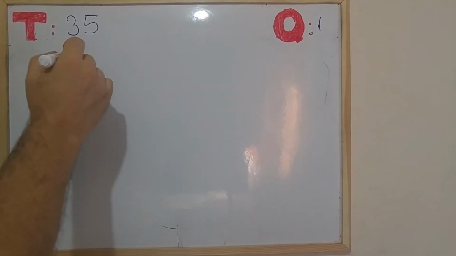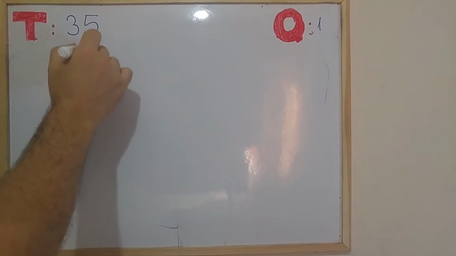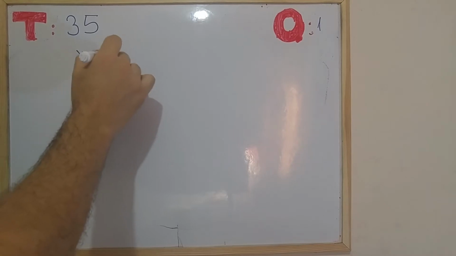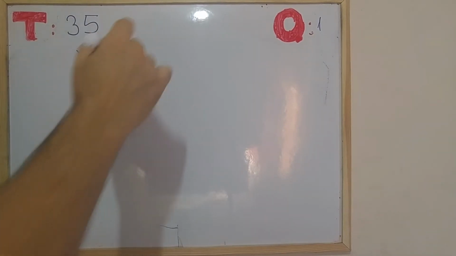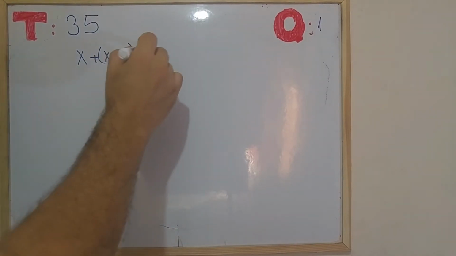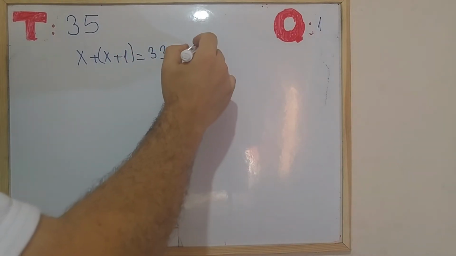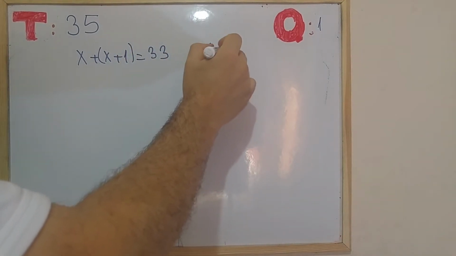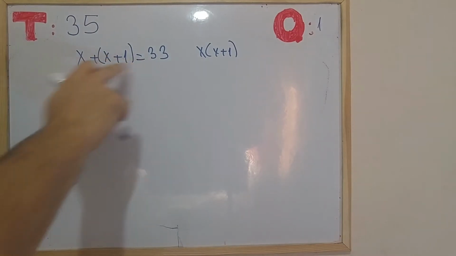The sum of two consecutive integers, say x and x plus 1, is equal to 33. They're asking me about x times x plus 1. Let's find that x first.